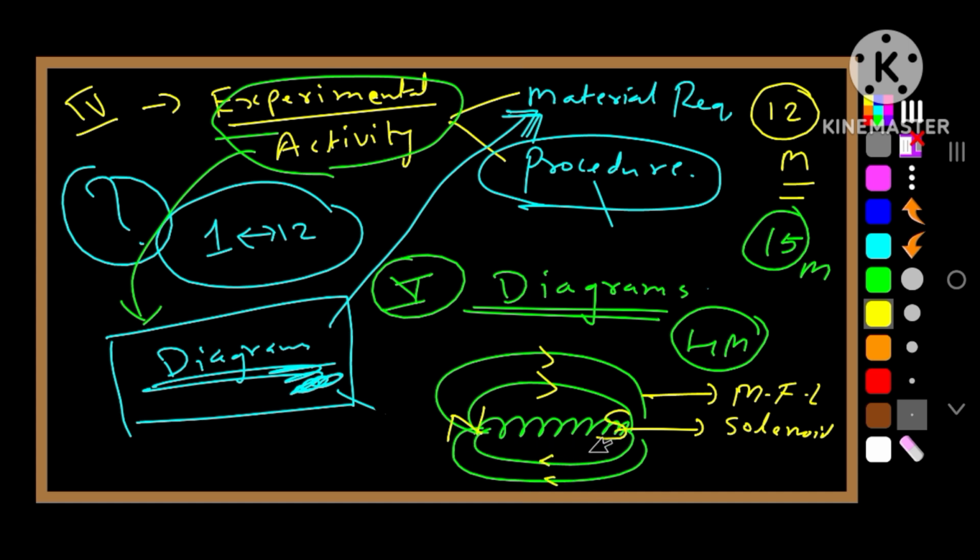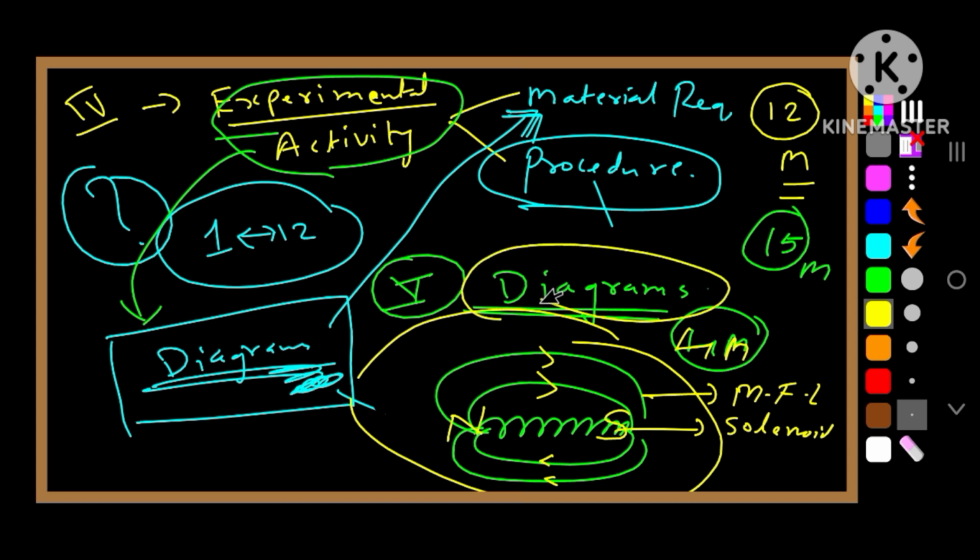If you are writing the names of the diagram, or simply labeling the diagram, generally you are getting 4 marks.